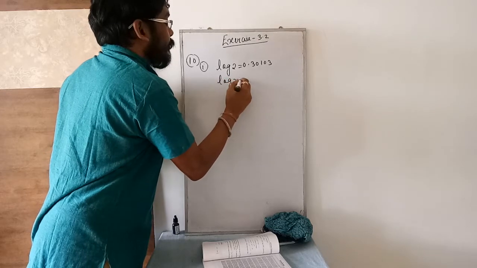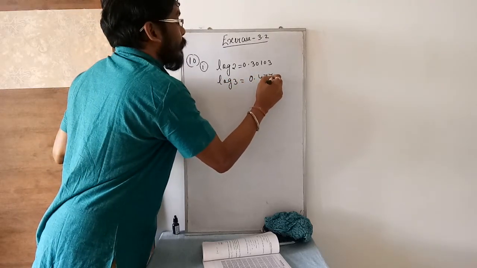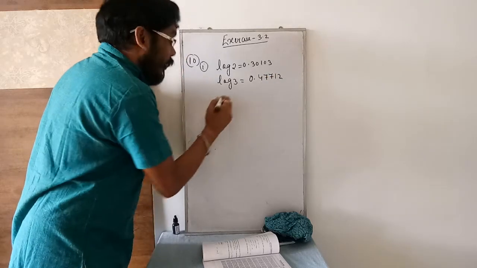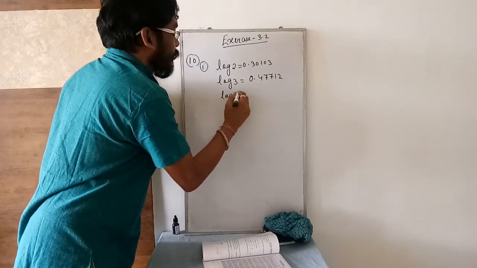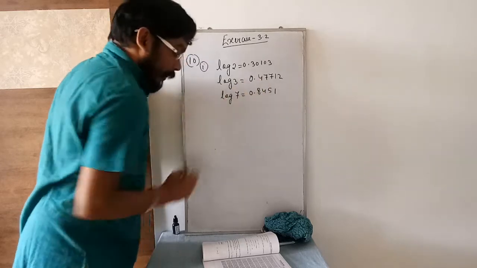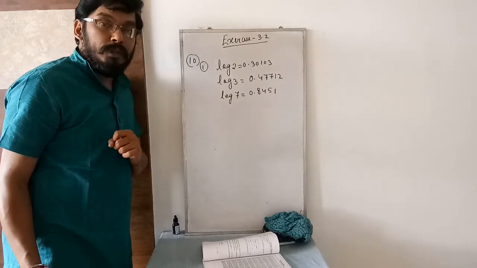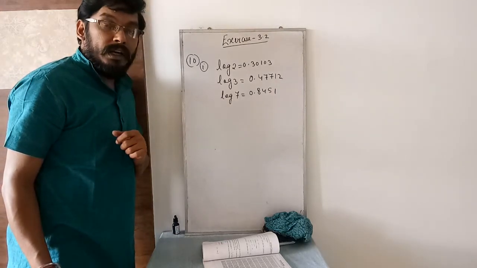Log 3 value is 0.47712. Log 7 value is 0.8451.